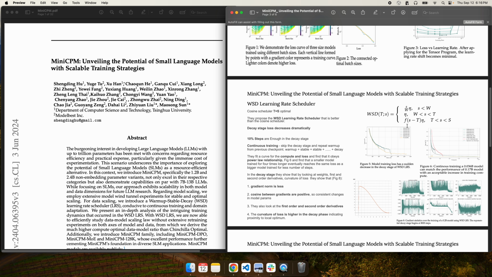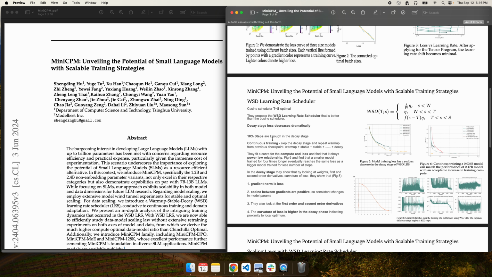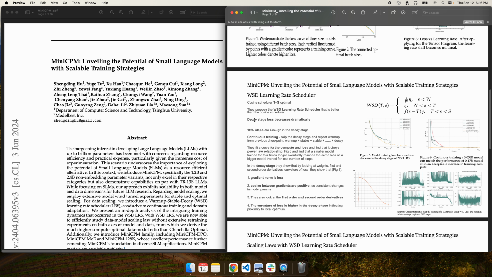This consists of 3 stages: the warm-up stage for W number of steps, and then a stable stage where the learning rate is kept constant until T steps, and then there is also an exponential decay stage, which is a function of S minus T. They find that during the decay stage, the loss decreases dramatically, as can be seen here.